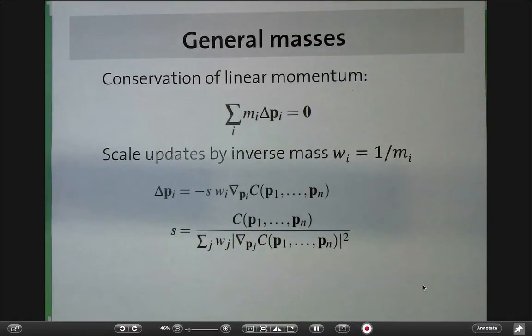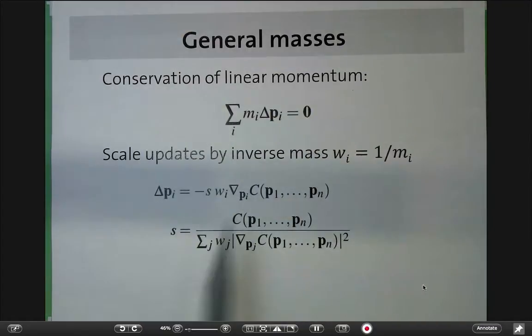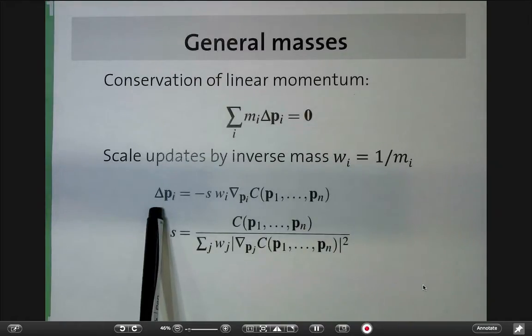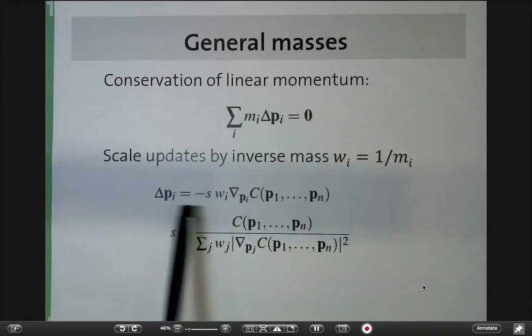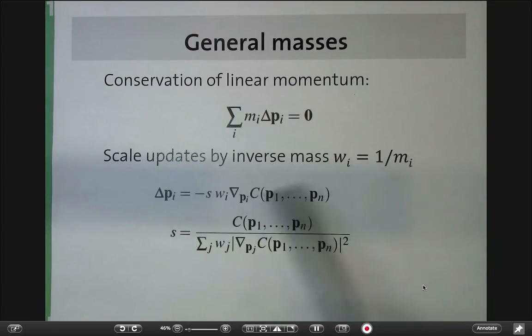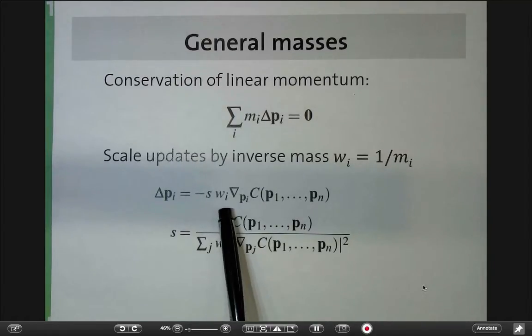The displacements times the masses must be 0 when I sum all of them together. Now, to make sure this is true, assuming the constraint has the translation invariance property, then I need to change my update by scaling it by the inverse mass. So I guess here is your reason why you would want to be storing 1 over mi to save the division here, if that's important. Well, most likely that's not important.